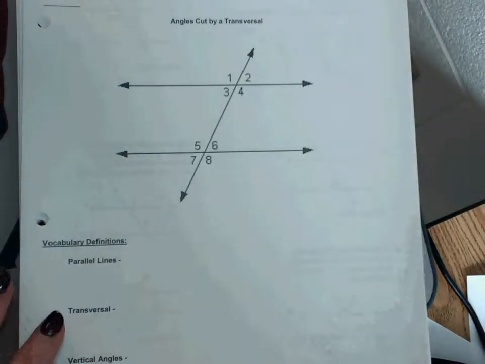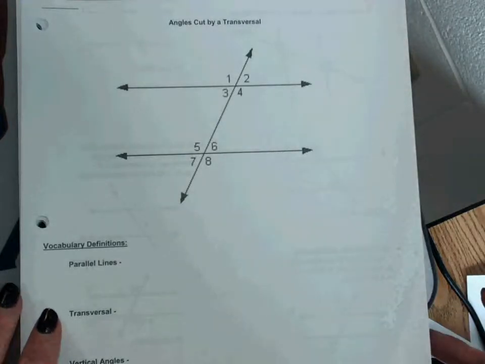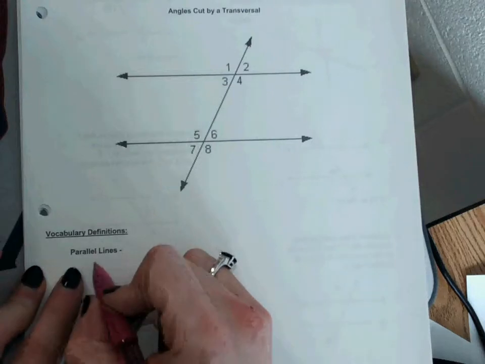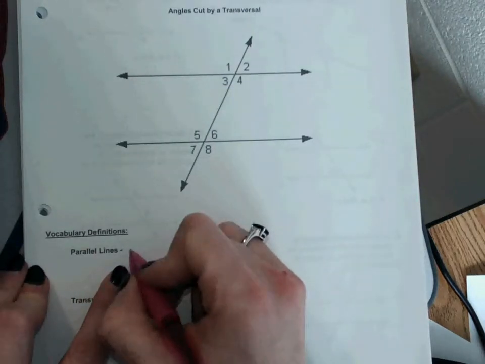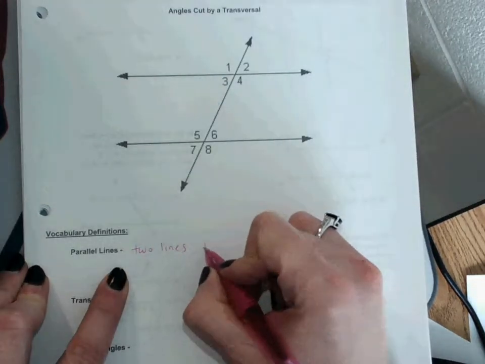Okay, today we're going to be talking about angles that are cut by a transversal and the angle relationships within that picture. So if you remember, parallel lines are two lines that never intersect.